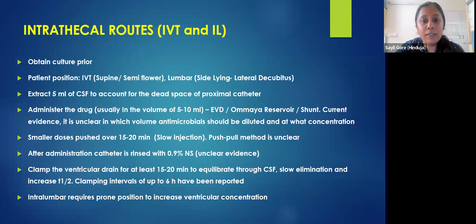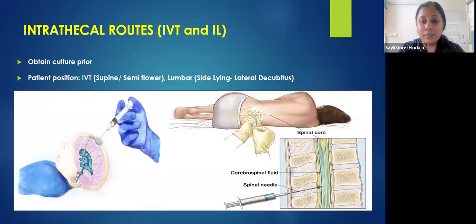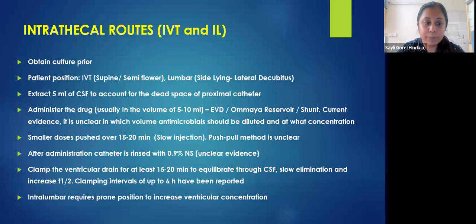And intralumbar, another route, is just easy. Doctors are just putting it into the spine and administering. But again, I'm telling you that the intralumbar route is usually suggested only for chemotherapy, not antimicrobials. If there are any spinal infections, that comes under osteo management.